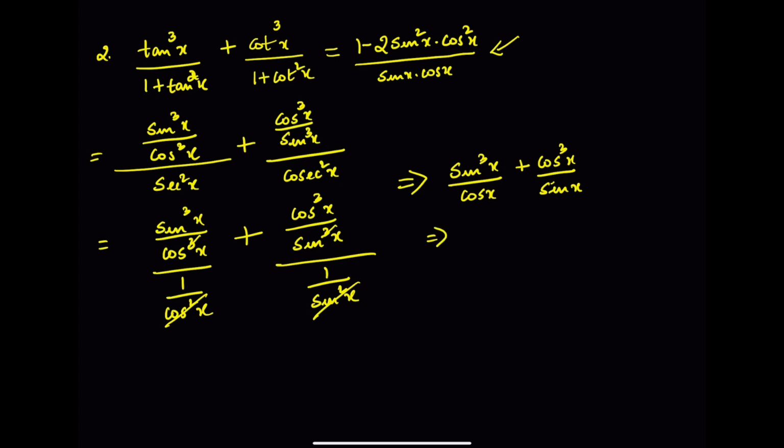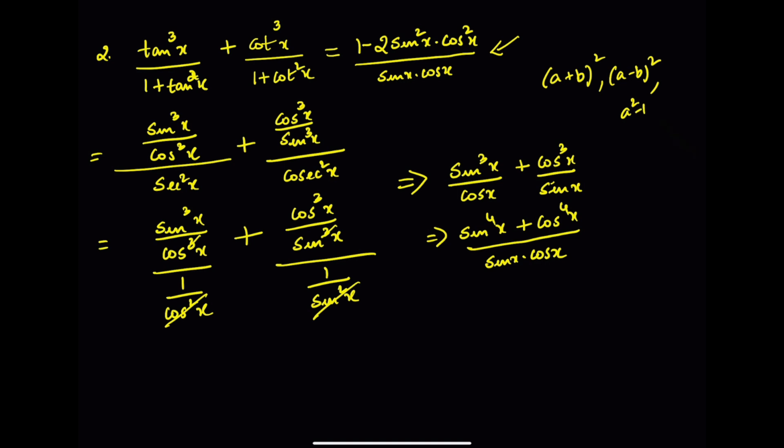So we would have (sin⁴x + cos⁴x)/(sin x cos x). Now whenever we have such a situation where we cannot solve further, we have to see if in some way we can change the equation to (a + b)², or (a − b)², or a² − b², any of these algebraic expressions.